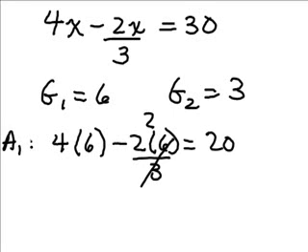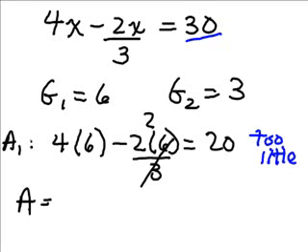Now we were hoping to get a 30. So what we have here is a deficiency, or too little. All right, so a1 is going to equal what you got, 20, minus what we wanted.